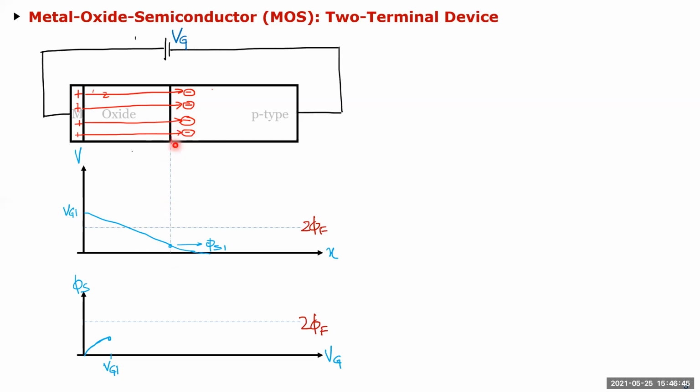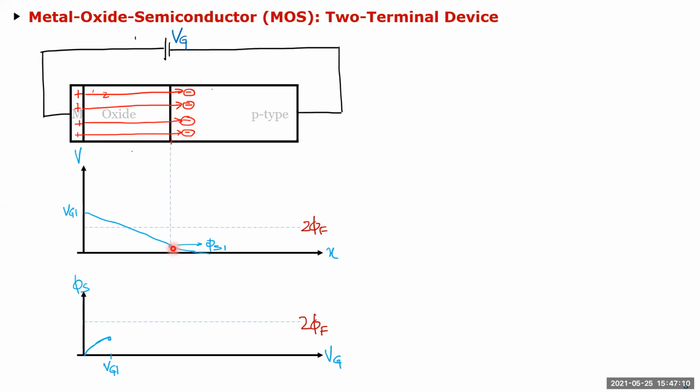So it would end here. But because this is a p-type, and we have seen this in the previous equation, there is a depth to it. It just doesn't end abruptly. So there is going to be a certain potential because the electric field continues, right? If it is a metal, the electric field will just abruptly end there because the sheet charge density is so high. But because this is a semiconductor, it'll seep in through it.